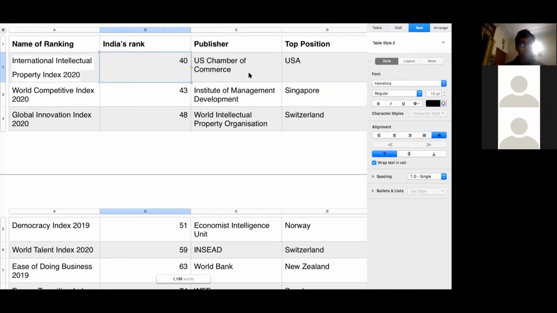So then we come to the World Competitiveness Index 2020. India's rank was 43.